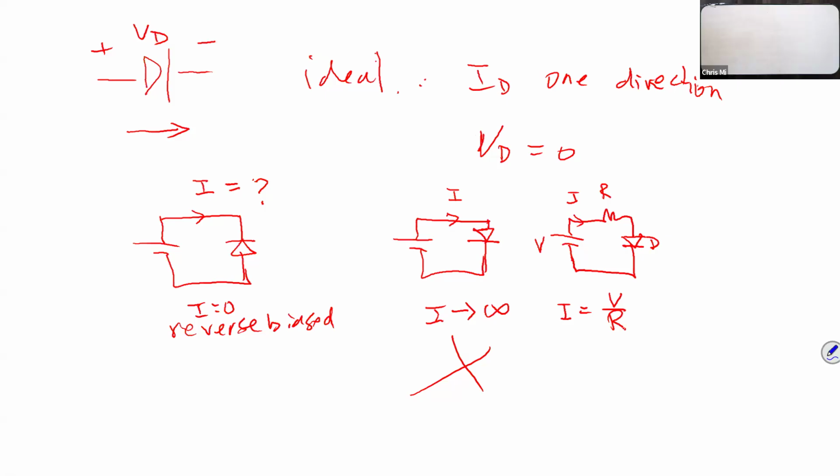Okay. And finally, if I have this, how much is the current now? Yeah, the current is going to be IS because this is the current source, right? I'm going to draw one more. If I have a current source like this, how much is the current here now?